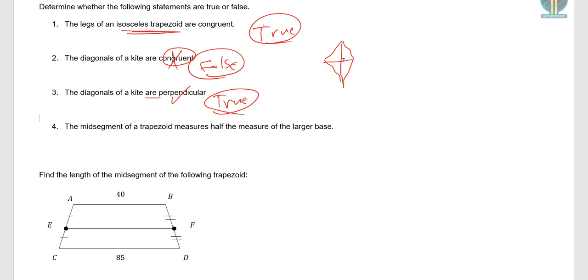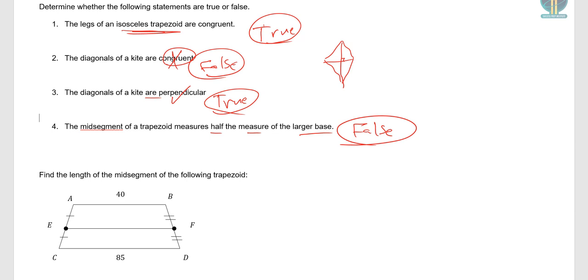The midsegment of a trapezoid measures half the measure of the larger base. And this is actually false. It is not half the measure of the larger base. It is equal to the arithmetic mean of the sum of lengths of both bases.